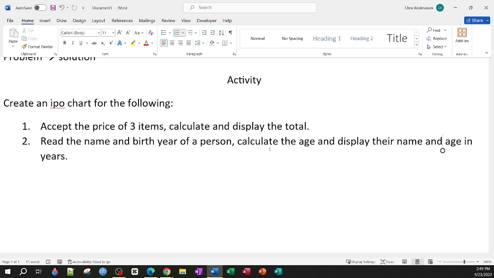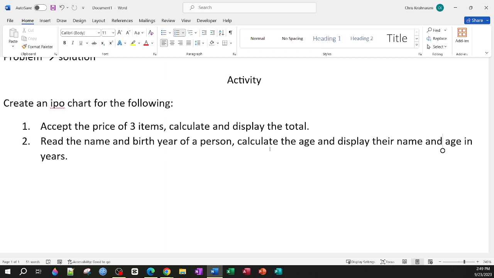You didn't put under the input 200, 300, 400. You put a container to store those three different prices. So similarly, under the input, you need a container to store the name, not just put a specific name. And same for the age also.